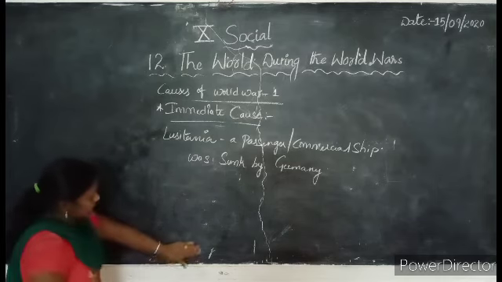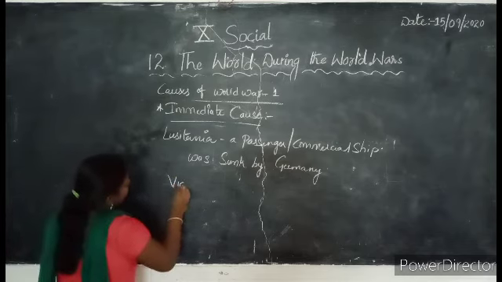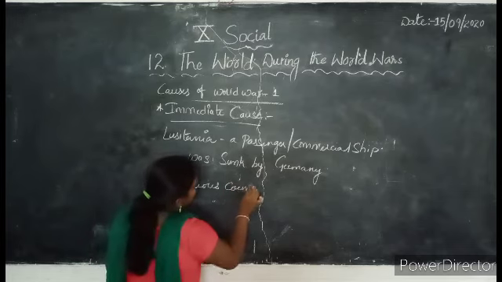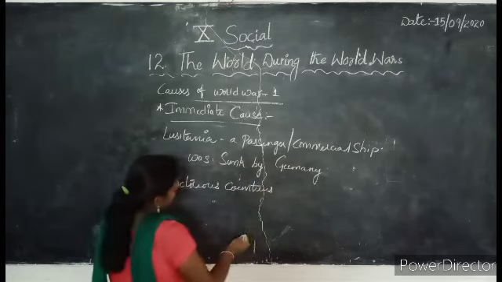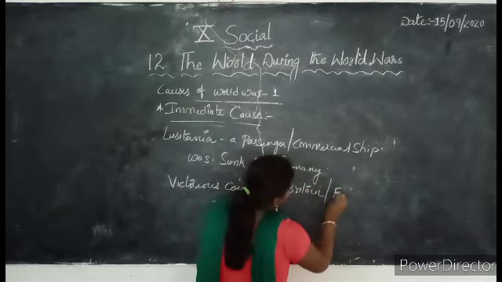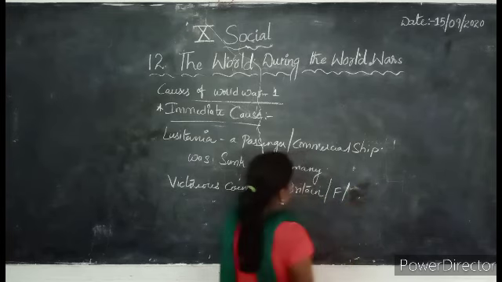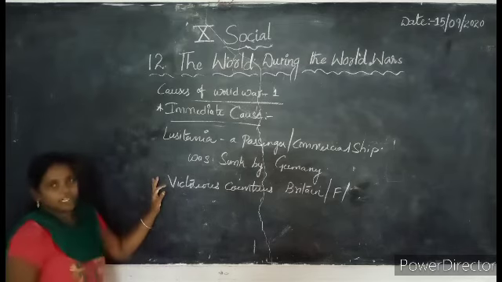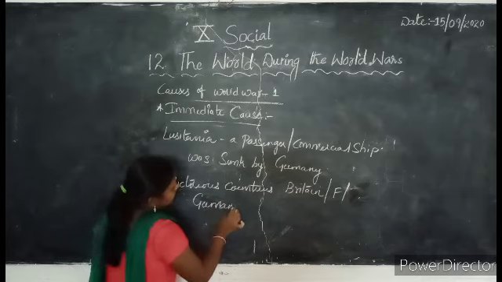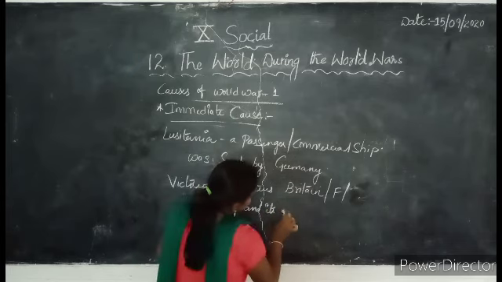So at last the World War ended. The victorious countries, Britain, France, had defeated Germany and its allied countries.